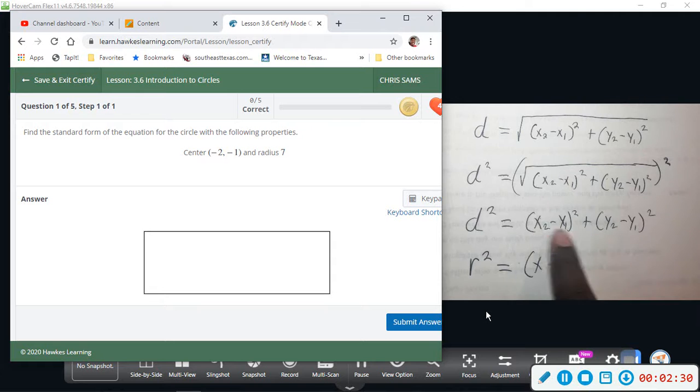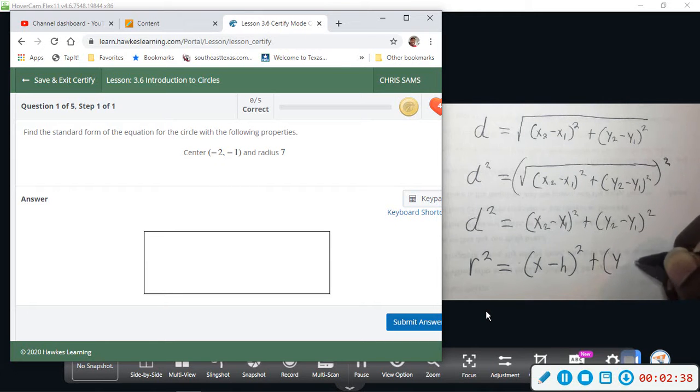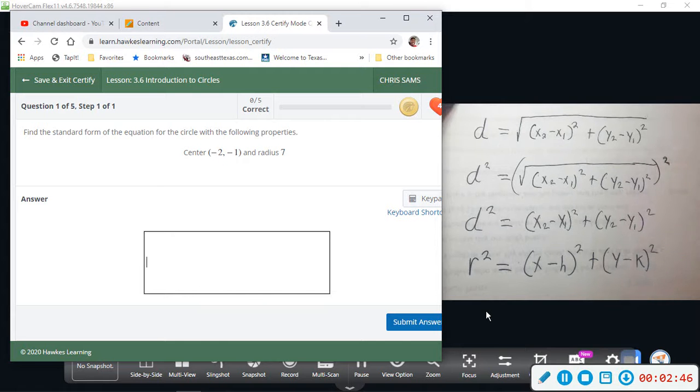Okay, so instead of using 2 points, x1, x2, we just have one x value and an h value, and it's still squared, plus this is y minus k, still squared. This is the equation of a circle. Okay, so it comes straight from the distance formula.